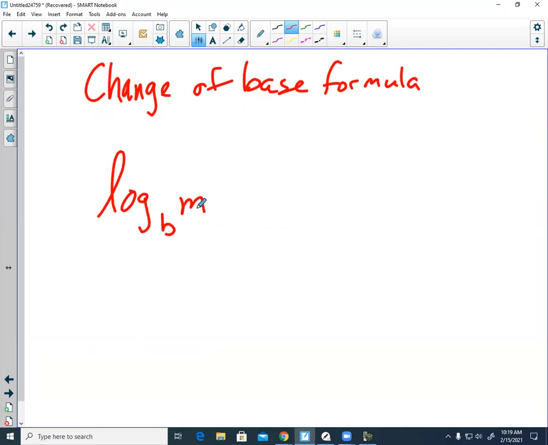Whatever your formula is, or whatever you are given, you take the log of the big thing, or the first one, and you just hit the log button and you divide it by the log of the other one. So you take log of the one that's the bigger number and divide it by whatever the base is. And I'll show you what this looks like in an example.